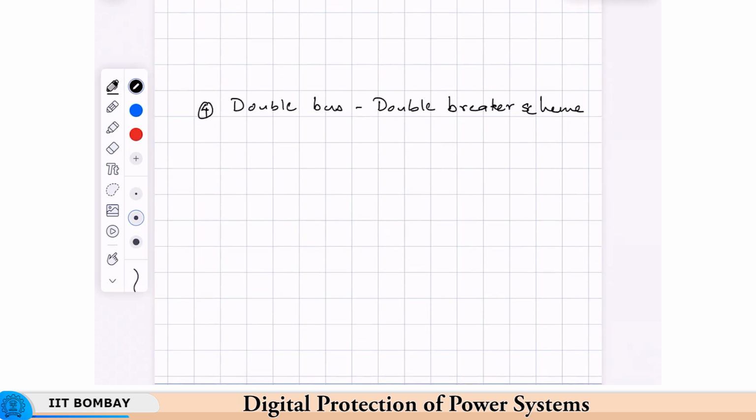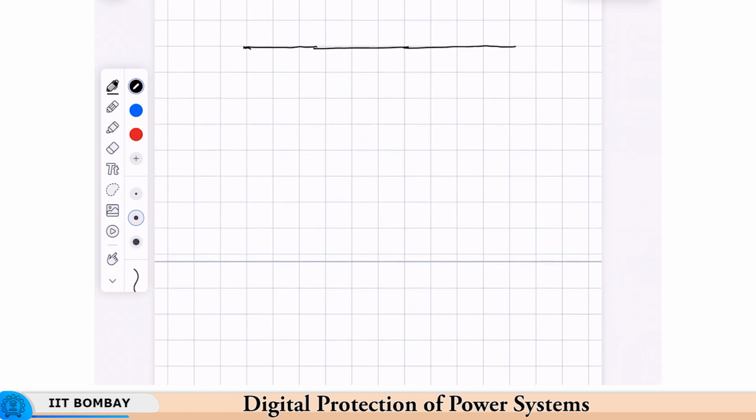Here you have two buses and two circuit breakers per circuit or per feeder. And the reliability is maximum, but keep in mind that the cost is also maximum. So, this is very rarely used, only in very important substations, but in India I have hardly seen it being used. So, these are multiple feeders like this.